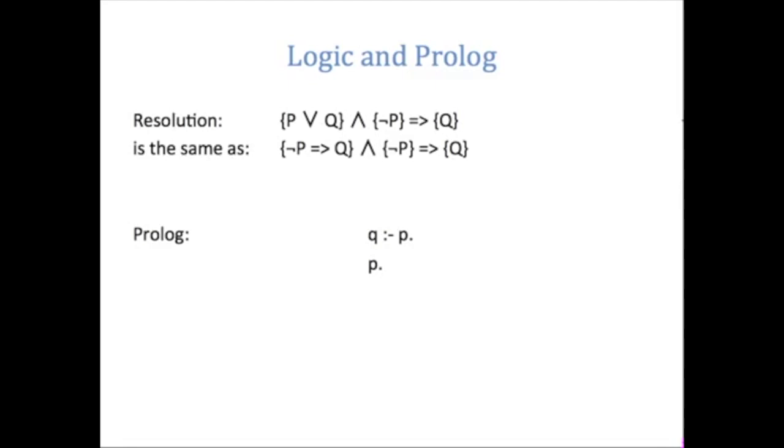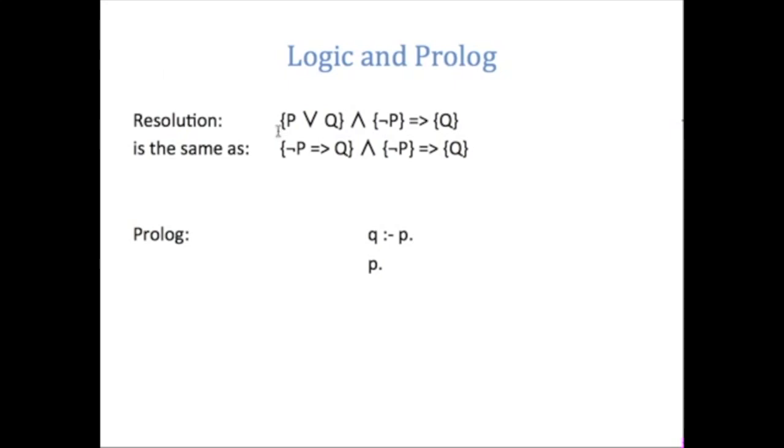There are lots of different ways of expressing resolution, not just the one we saw. There are, I don't know, a dozen or so possible resolution steps we could take. The one I showed you was easy to understand. Here's another one, also easy.